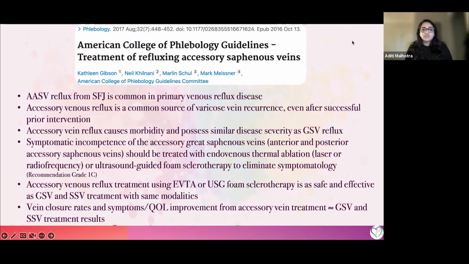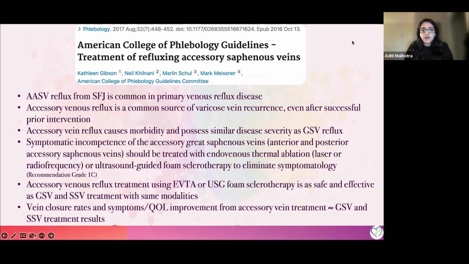The accessory venous reflux is a common source of varicose vein recurrence even after prior intervention, as we had discussed in the papers earlier in this presentation. Accessory vein reflux causes morbidity and possesses the similar disease severity as GSV disease. So this is very important. There's clinical significance to us treating these patients.